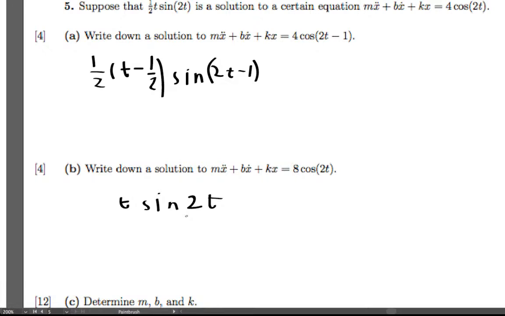We want to figure out the solution that satisfies this. X here is half t sine 2t. Therefore x dot here would be half sine 2t plus half t cosine 2t multiplied by 2, which would actually be only that.